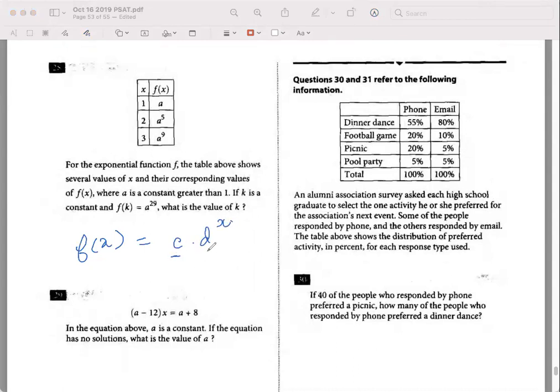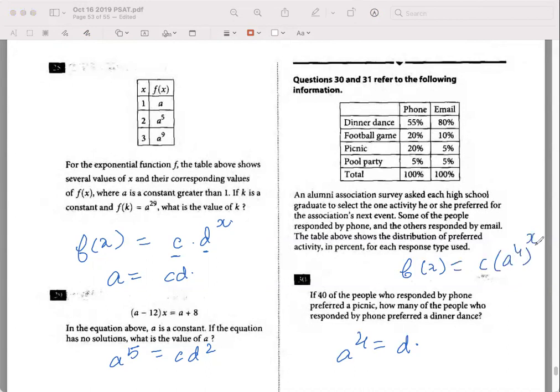This is a constant and this is the base of the exponent. So f(1) is a, so a is cd, and f(2) is a to the power 5. So a to the power 5 is cd squared. So if I divide the two equations, I will get a to the power 4 is d, right? So I get f(x) is c times a to the power 4, whole to the power x.